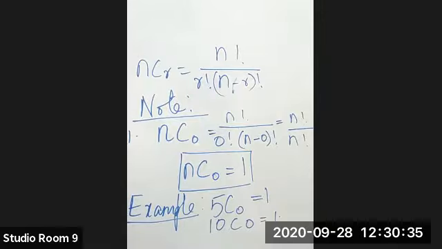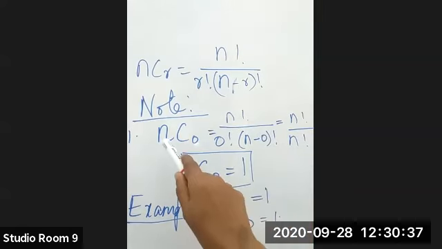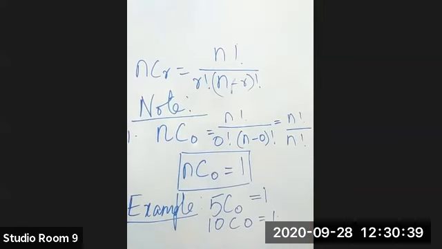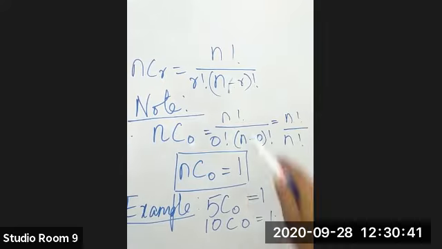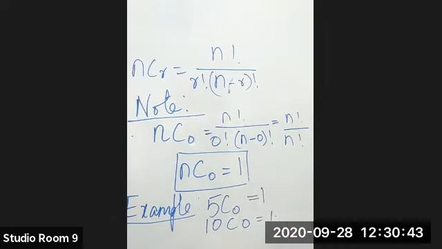So when you put r is 0, what is NC0? It is n factorial by 0 factorial into n minus 0 factorial. It is n factorial by n factorial, which is equal to 1. So NC0 is 1.